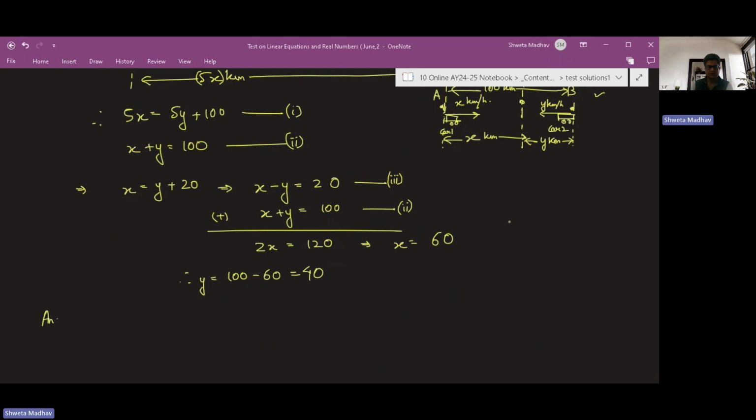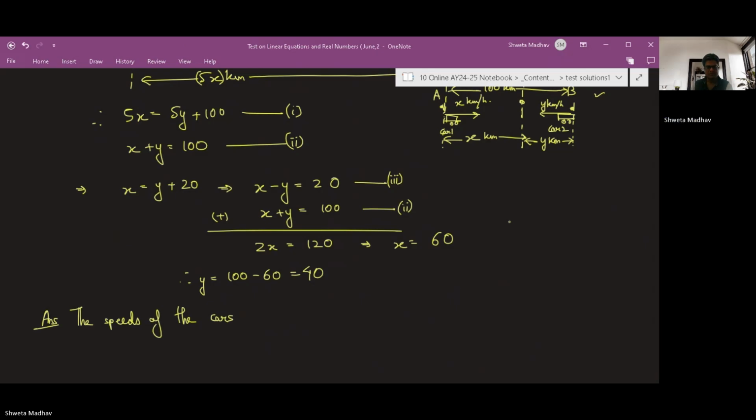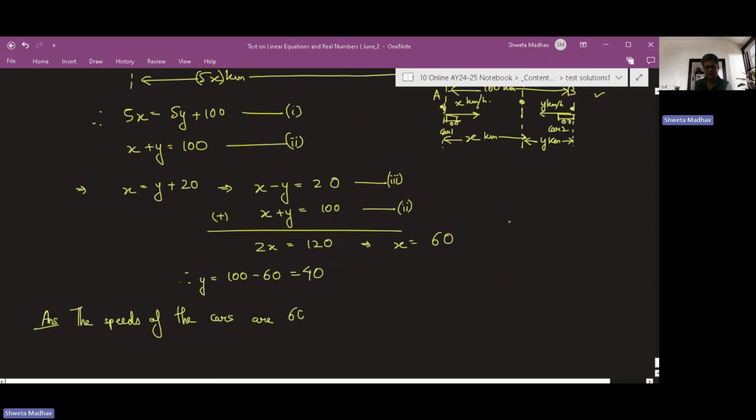So the answer is the speeds of the cars are 60 kilometer per hour and 40 kilometer per hour respectively. So this is the answer.